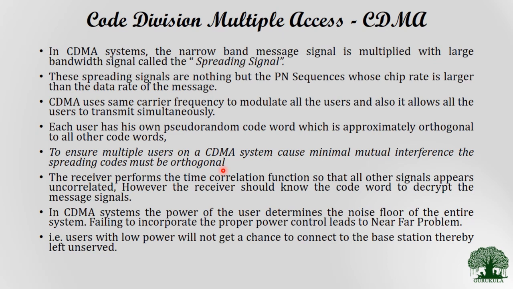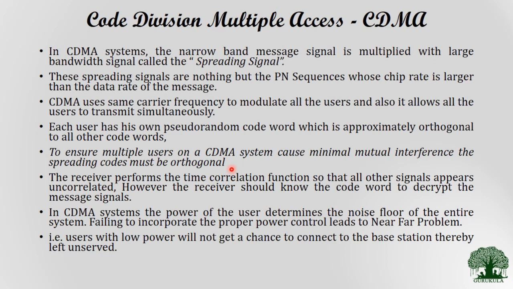So bringing orthogonality among the codes will make the signals of user A and user B very much uncorrelated. Bringing in uncorrelation among the signals is an important parameter to reduce the interference in the transmission system. If the signals seem to be very much correlated, that means the signals are very similar to each other, and that will lead to intersymbol interference.